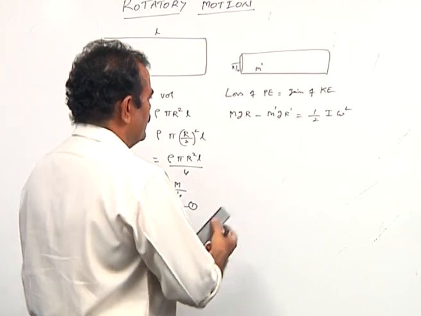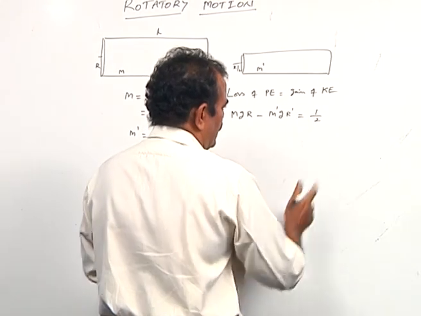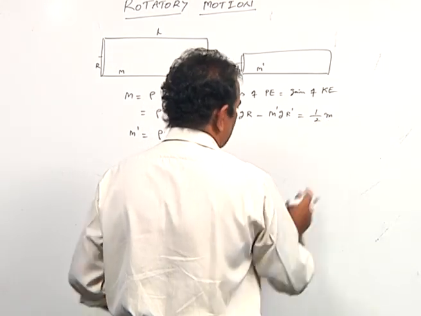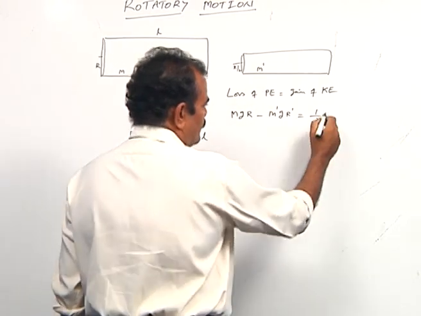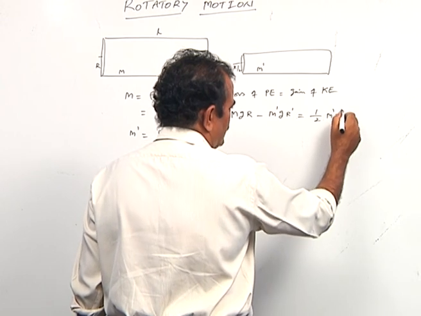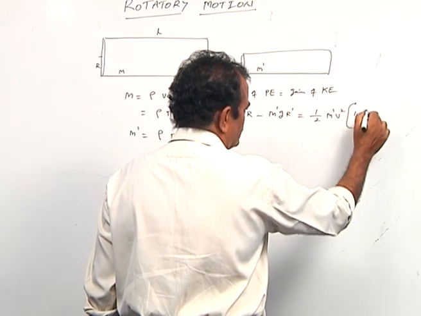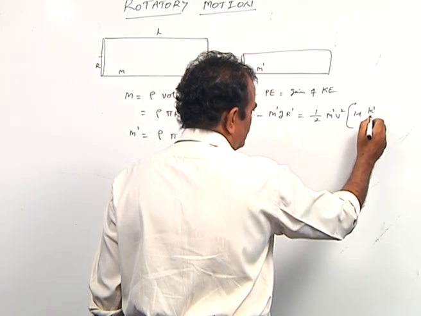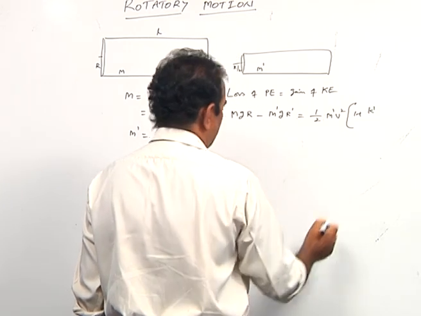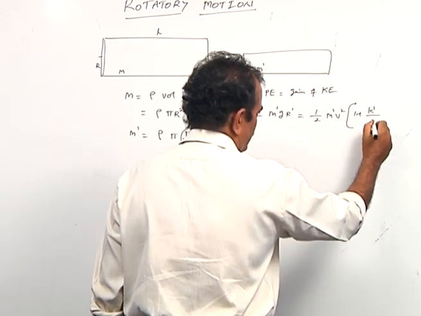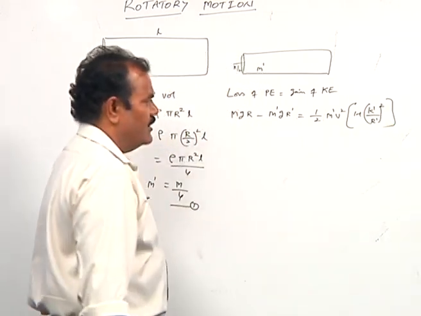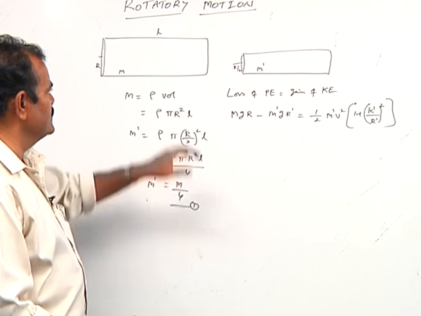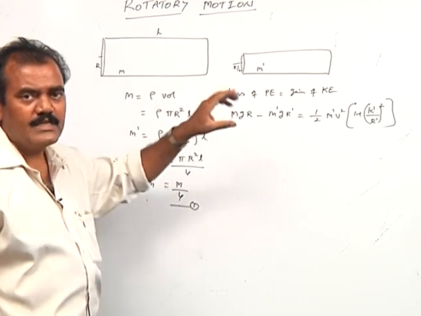As it is a rolling body, it is taken as half mv square, with m dash because it is a rolling body: 1 by 2 m dash v square times 1 plus k dash square by r dash square. Suppose initially it is in this shape, it becomes k square by r square.